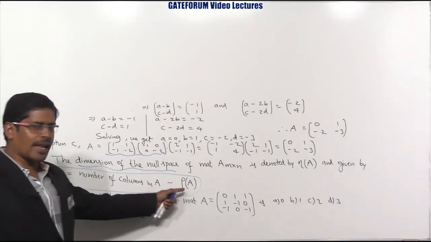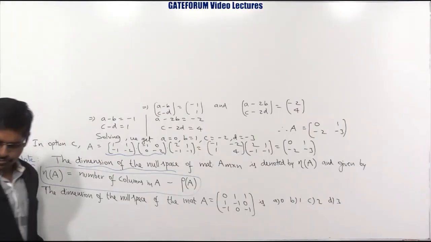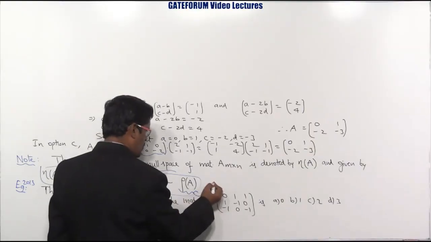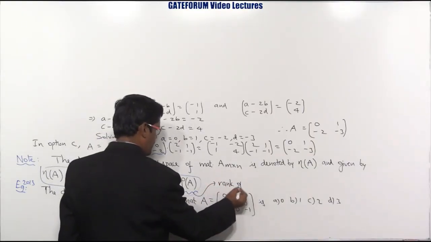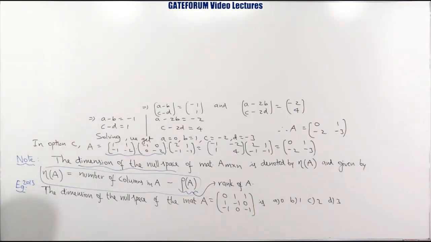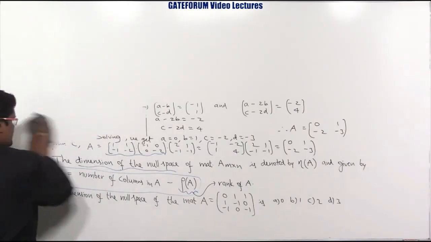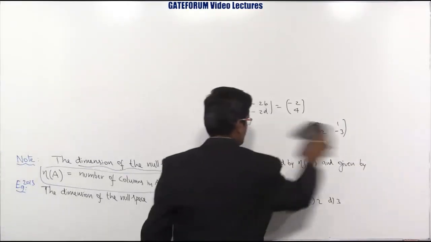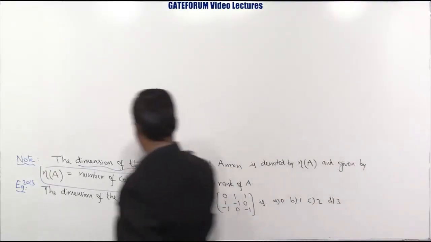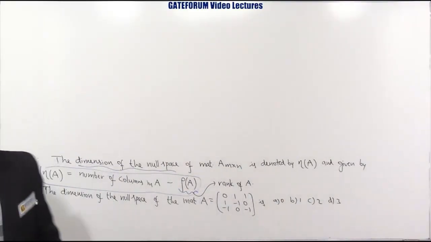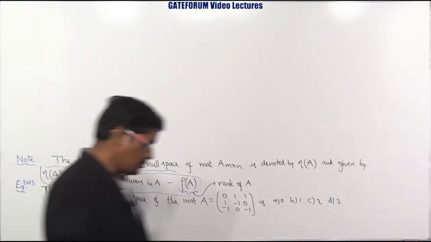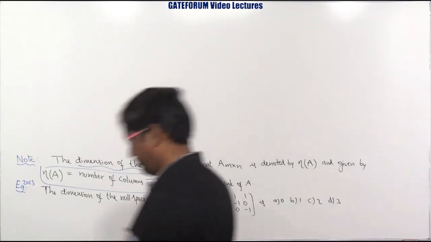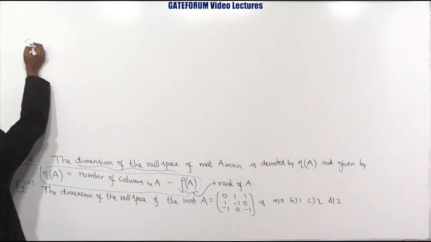This is just the definition related to rank of a matrix only. Where I underlined in blue, rho of A, this is rank of A. So the number of columns is 3.